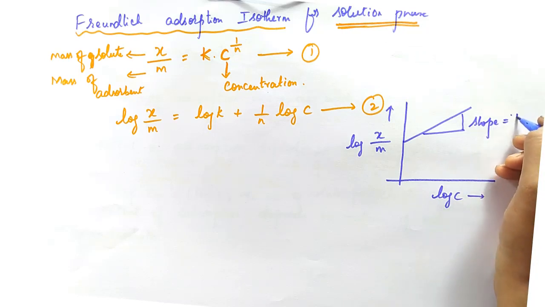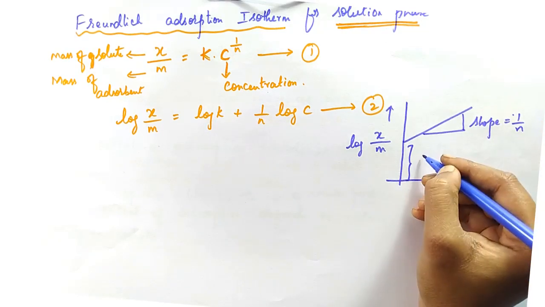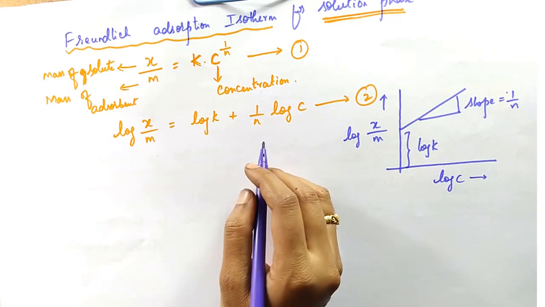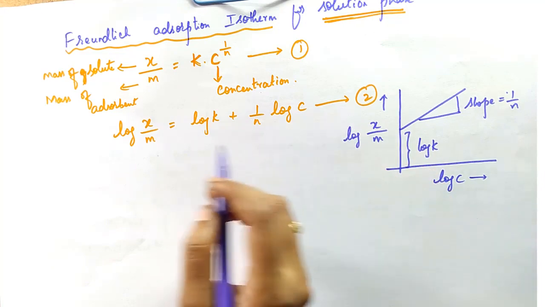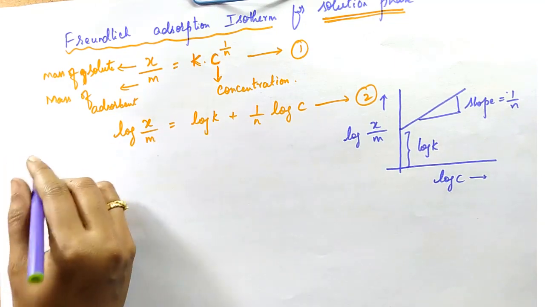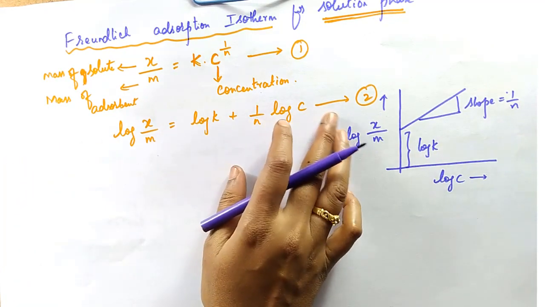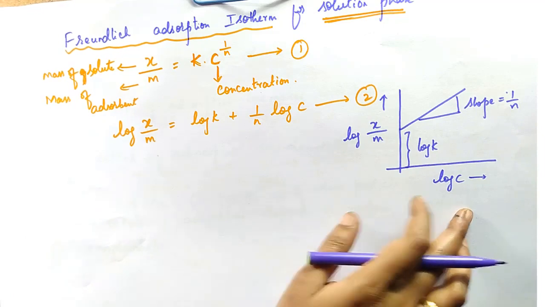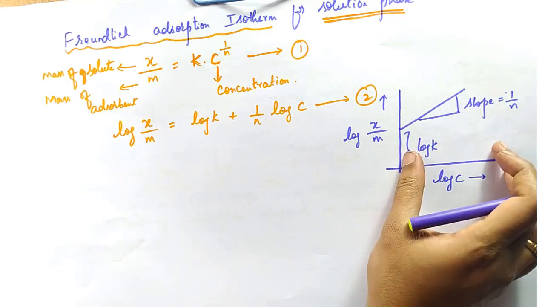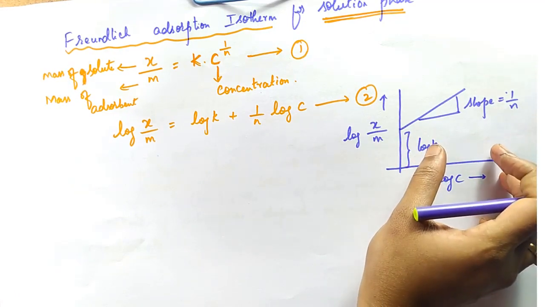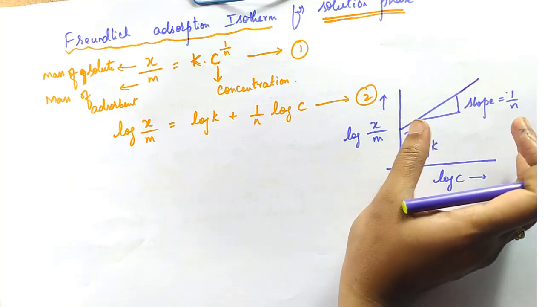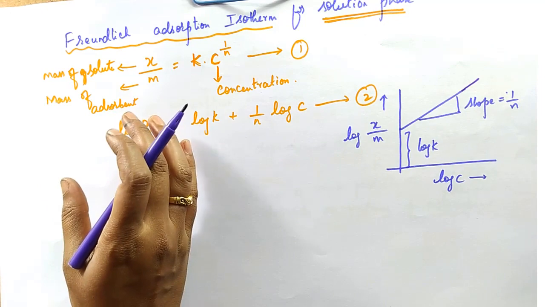Slope is equal to 1 by n and the intercept is log k. To know more about the graph, watch my previous video. You get the link in the description box. Here, by plotting log x by m versus log c, we get a straight line. A straight line is obtained, which shows the validity of the Freundlich adsorption isotherm. If you get a straight line, then it satisfies the Freundlich adsorption isotherm equation.